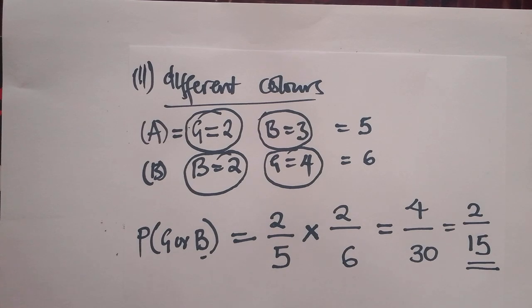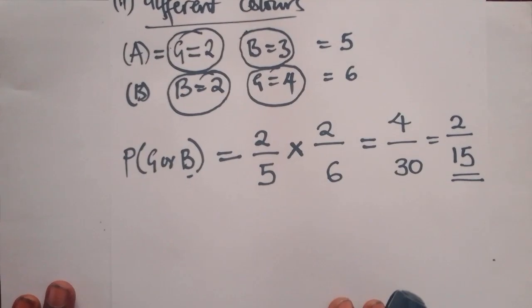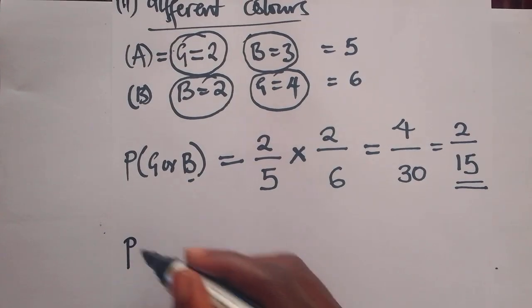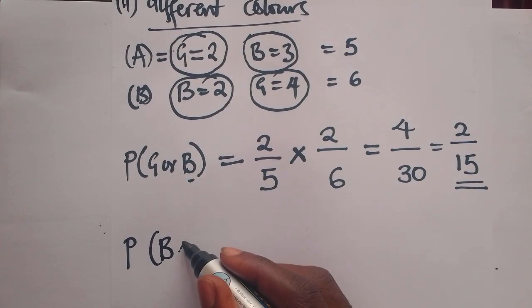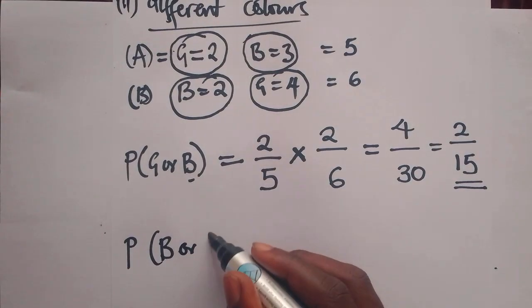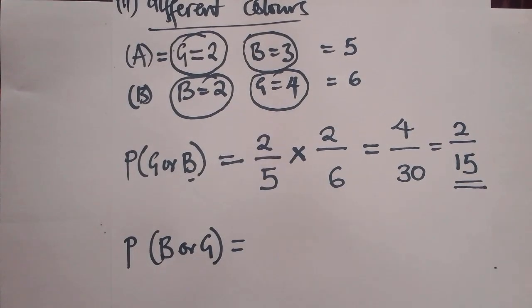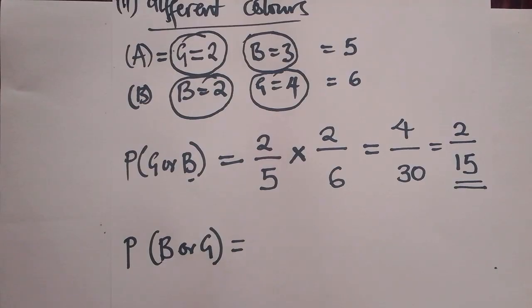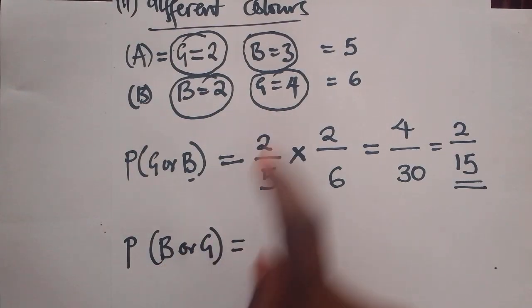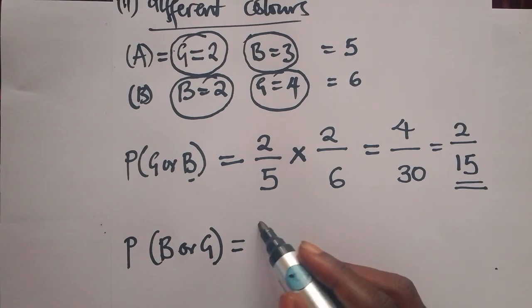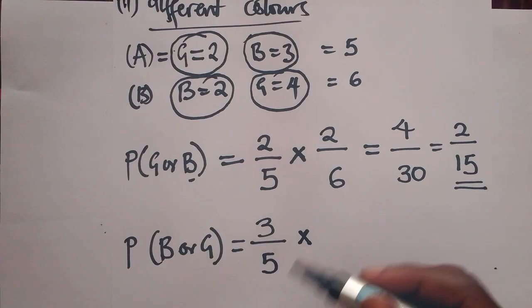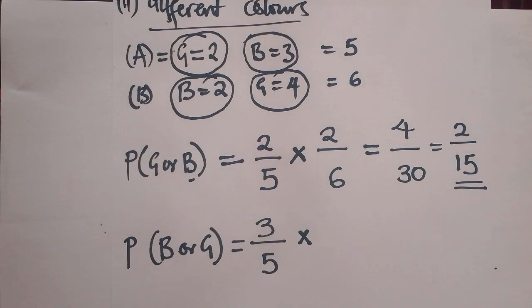Here they are saying different colors, so there are a lot of ways in which you can pick different colors. The second one is if you pick blue in box A and green in box B. So again, you go back to your data. How many blue balls do we have in box A? We have 3. Then what's the total? 5. You multiply again. In box B, how many green balls do we have?